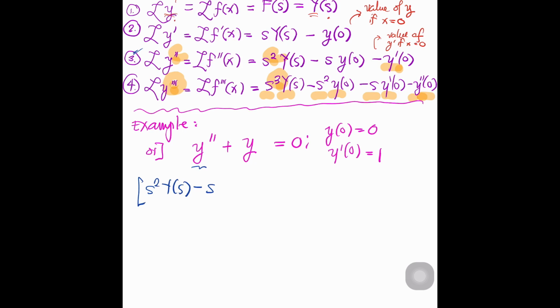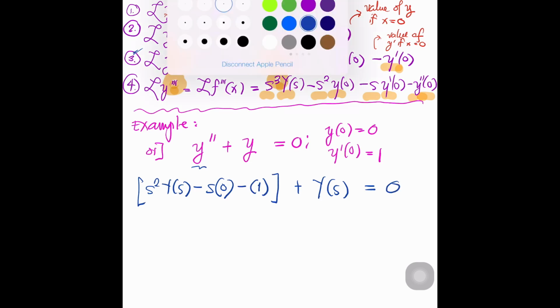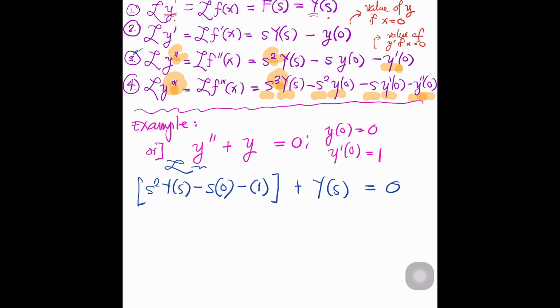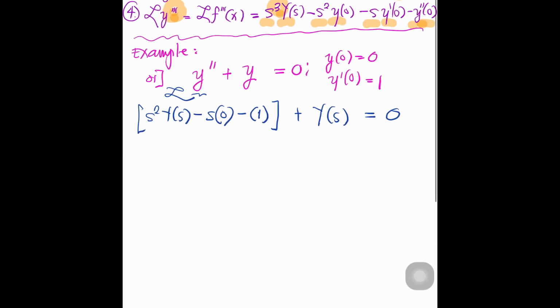What is y of 0? In the given limit, it's 0. Minus 1. Okay? Plus, what is Laplace of y? It's y of s equals to 0. So note, class, that we are getting the Laplace of each term. Okay?